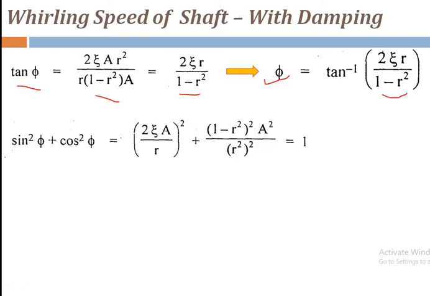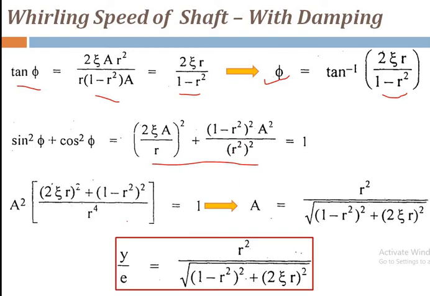Once again take sin square phi plus cos square phi equal to 1, equal to this value: 2 zeta A by r whole square plus 1 minus r square whole square A square by r raised to 4. After simplification, we get the value of A, which is nothing but r square divided by square root of 1 minus r square whole square plus 2 zeta r whole square.